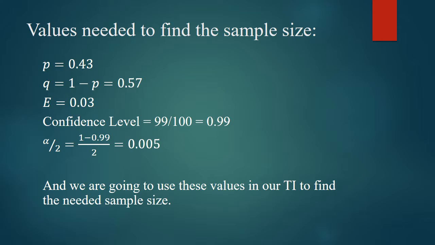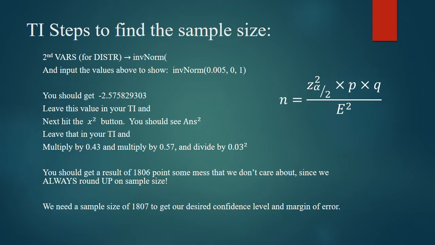We're going to do a few steps to put these values in our TI and find the needed sample size. So remember, we've got our formula here. And remember, in order to find our z alpha over 2, we need the inverse normal function in our calculator. So we go to second vars, which takes us to our distributions.